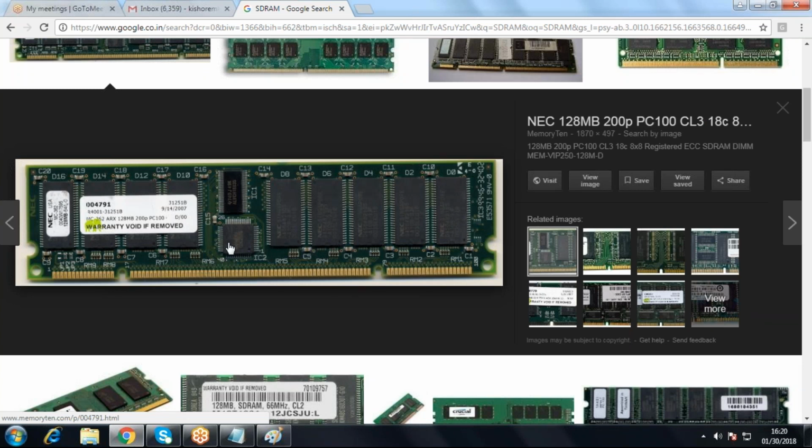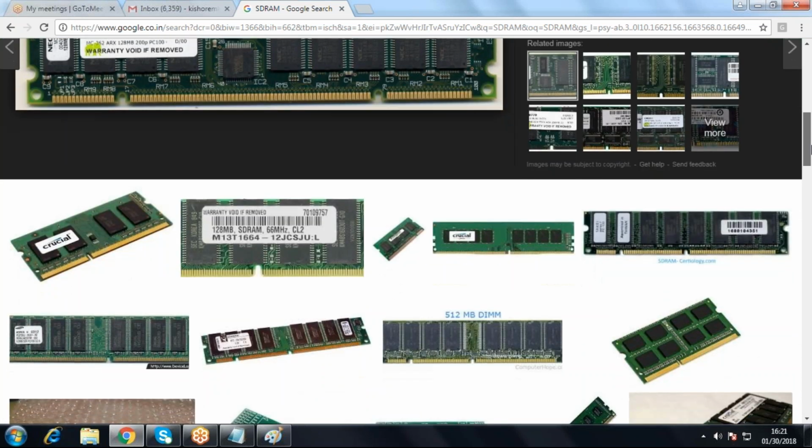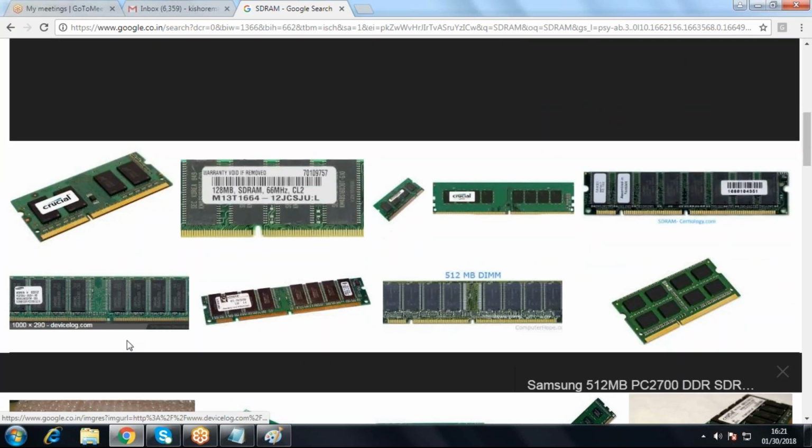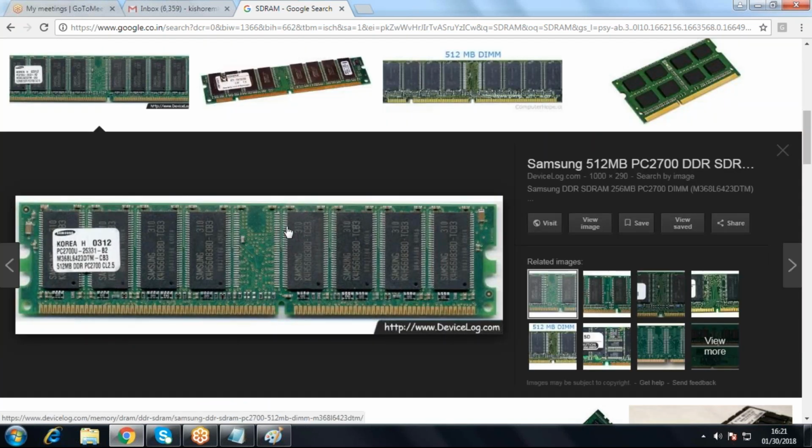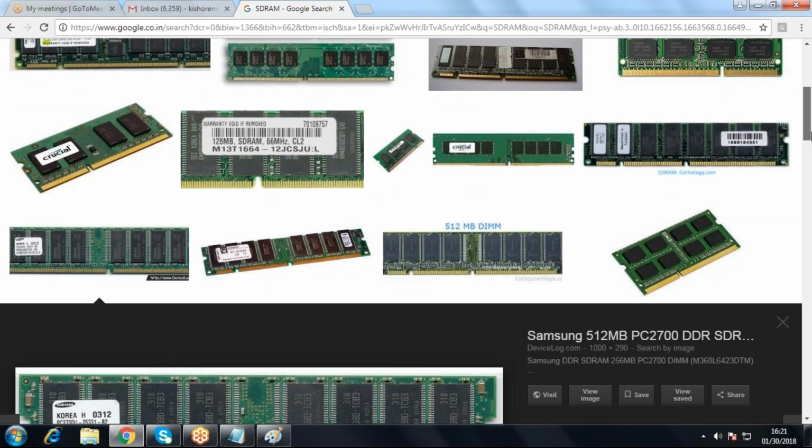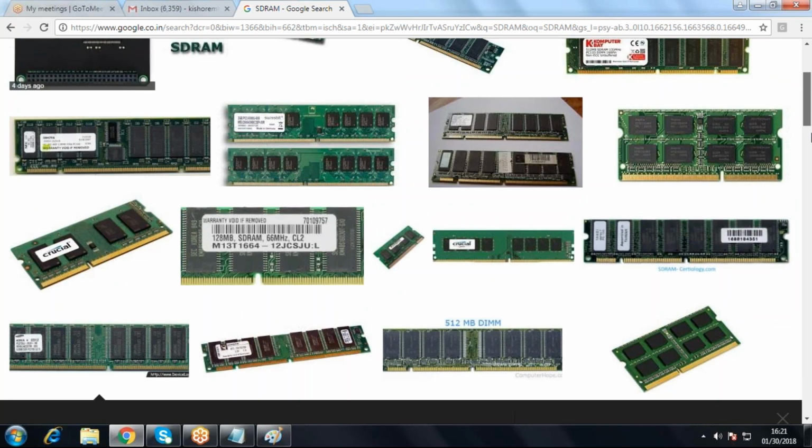But if you're having a chip like this in the middle, we can say it is a registered module. Most of the RAMs we use are non-registered models, like this one. See, there is a gap over here. This is non-registered. If you're having a chip in the middle, it is registered.